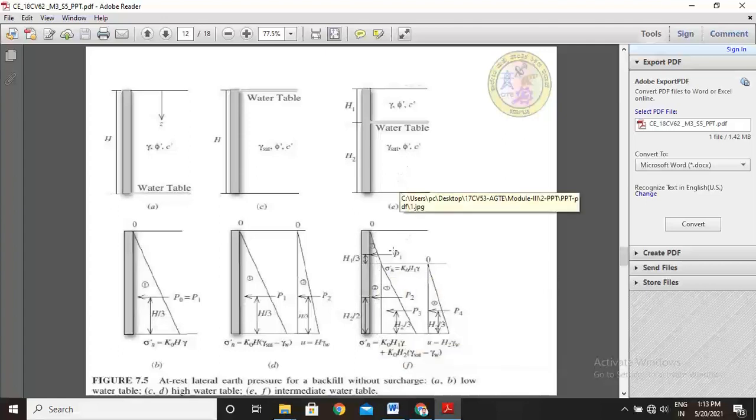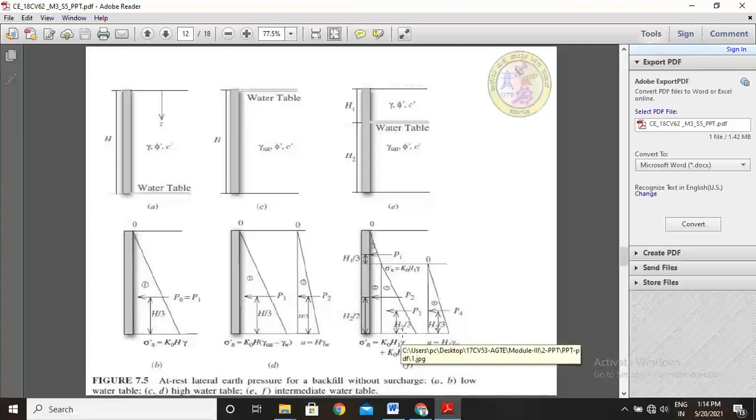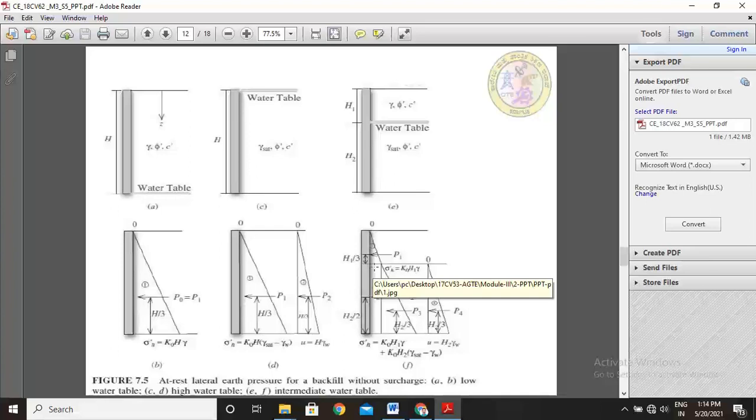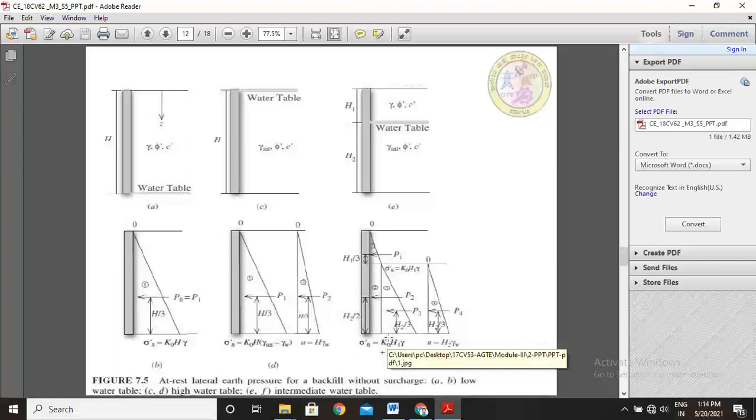Next, these portions: from here the pressure distribution is calculated, that is plus K naught into H2 into the submerged density, that is gamma saturated minus gamma W. So this pressure is acting from here to here, and this acts at the CG, that is H2 by 3, that is P3. This is P1 acting at the CG of this triangle, that is H1 by 3, and this is a rectangle, acting at the CG of the rectangle, that means half of H2. That is P1, this is P2, this is P3.